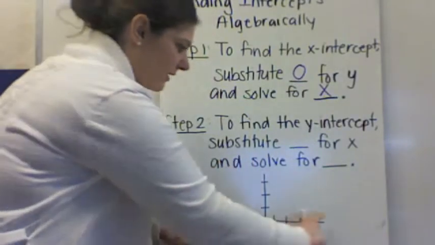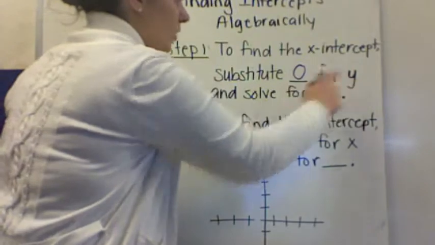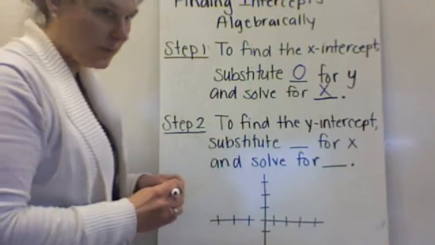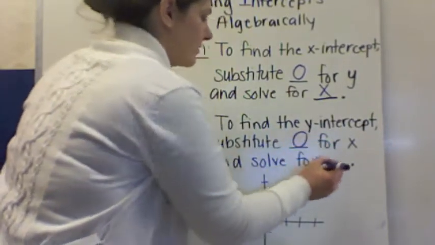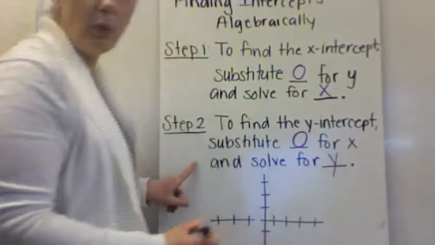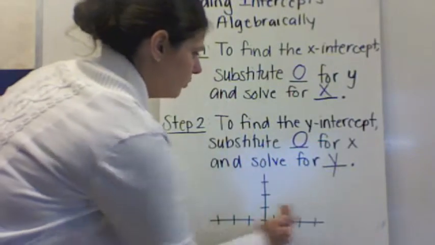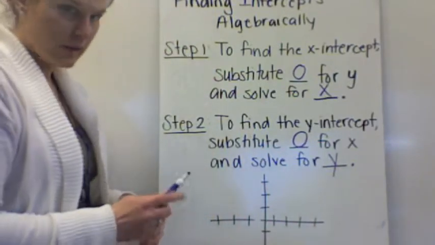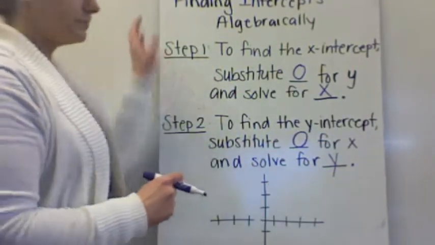Because if you're on the x-axis, you're not moving up or down at all. To find the y-intercept, you substitute 0 for x, and now you solve for y. Because if you're on the y-axis, you didn't move left or right at all. So it's always 0, solve for y.